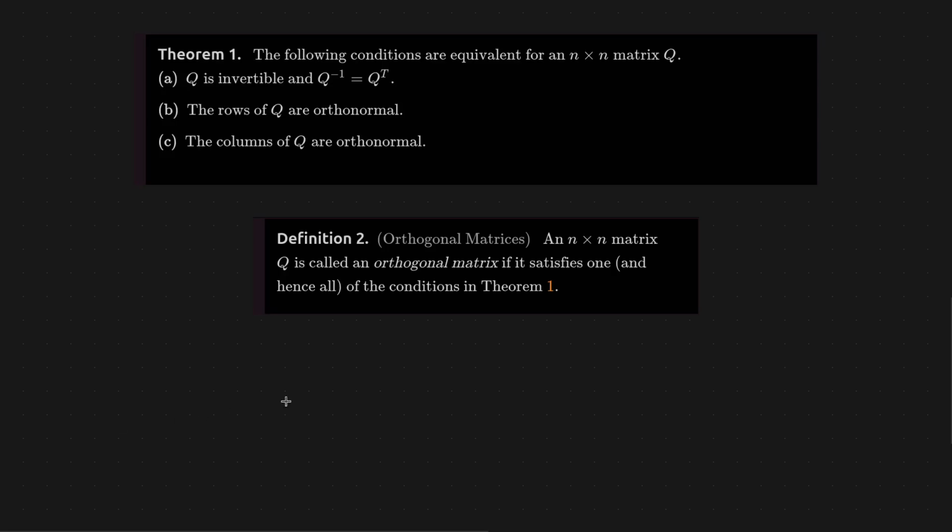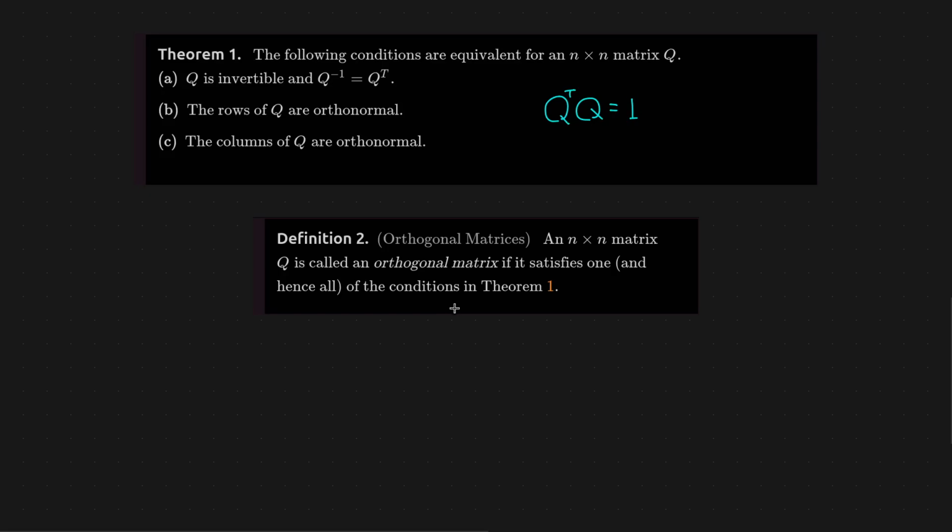So probably the easiest one to use to test if a matrix is orthogonal is whether its inverse is its transpose. For example, if you wanted to test if a matrix Q was orthogonal, multiply it by Q transpose. If you get the identity matrix, it's an orthogonal matrix. If you don't get the identity matrix, it is not an orthogonal matrix.